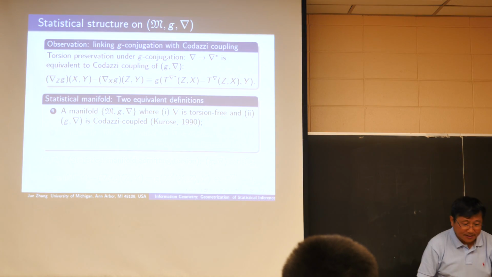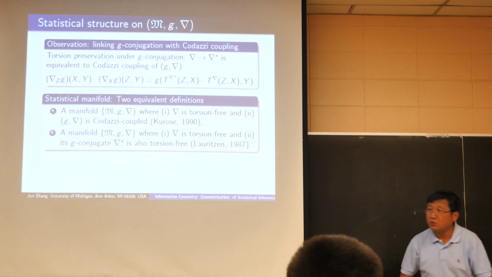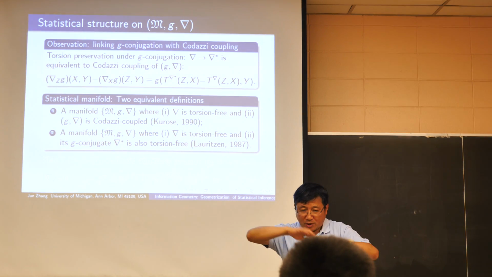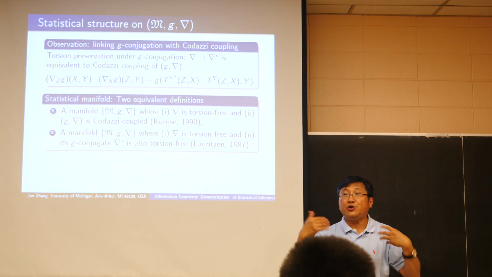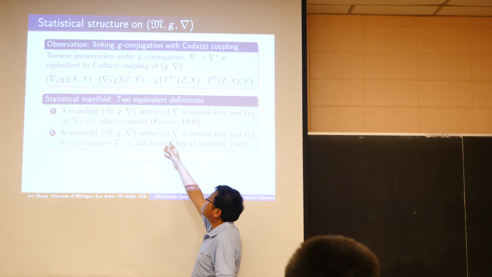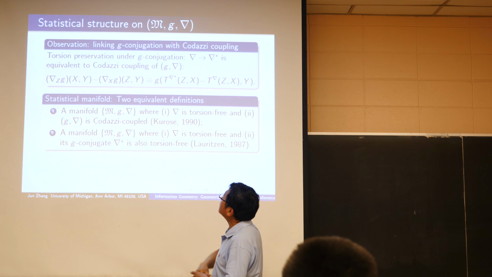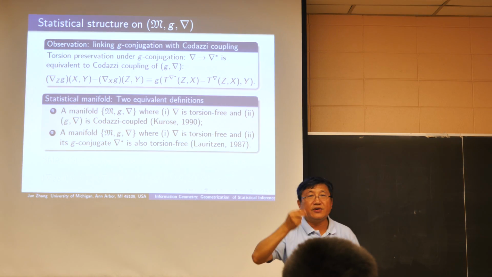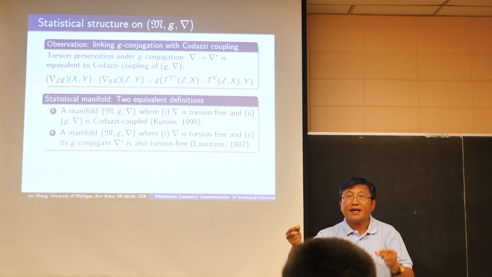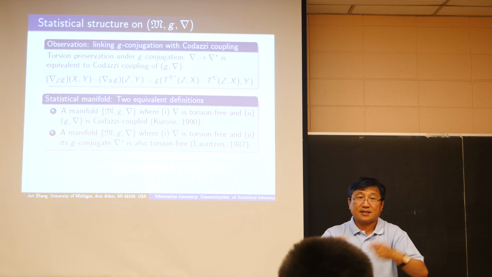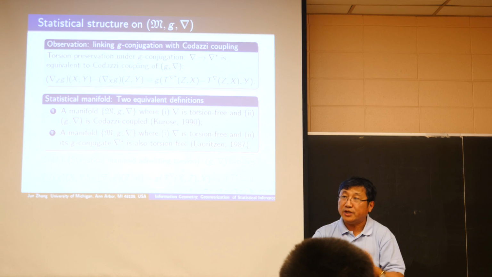Because of that, we have two equivalent ways of defining a statistical manifold. This is the manifold of parametric probability models that Amari uses. One way is to say we have a manifold, we're given a metric and a connection, and the metric and the connection are Codazzi-coupled.